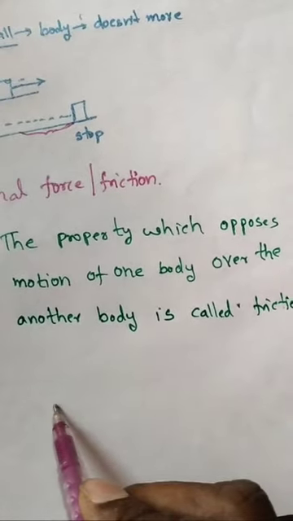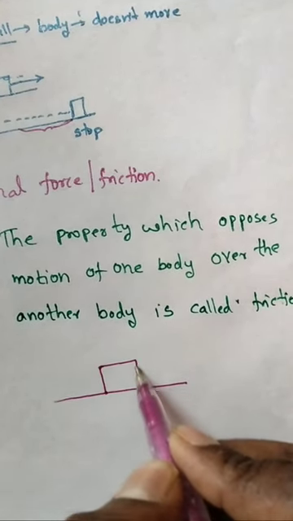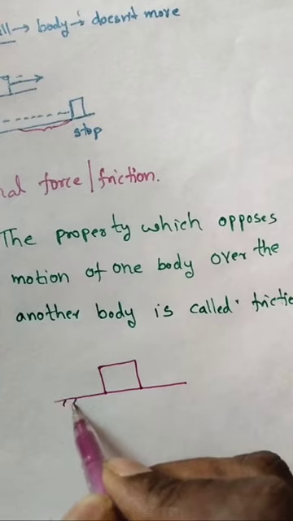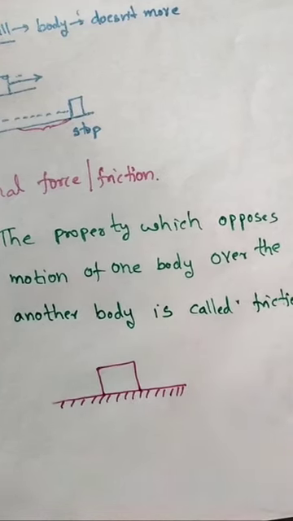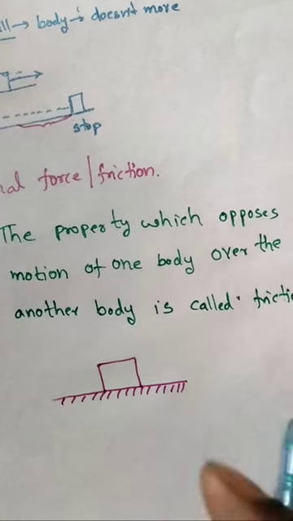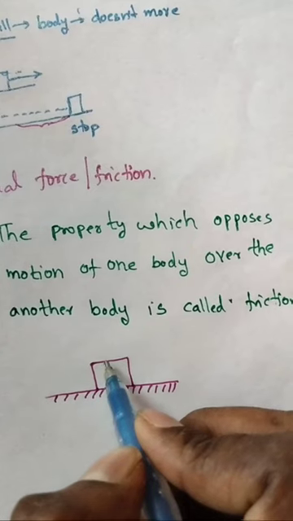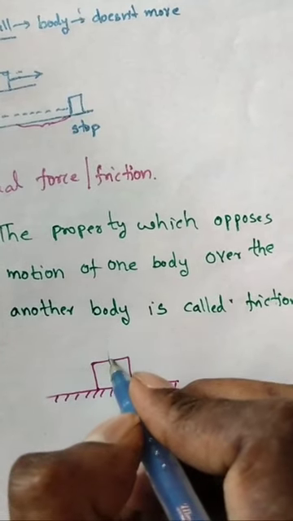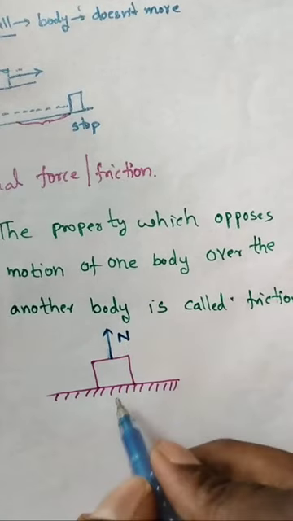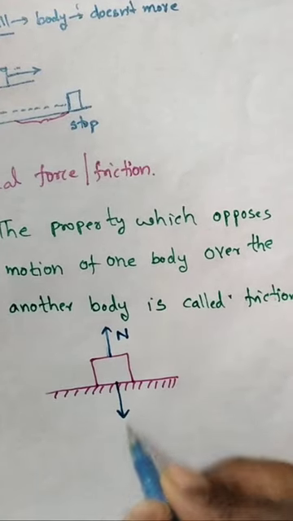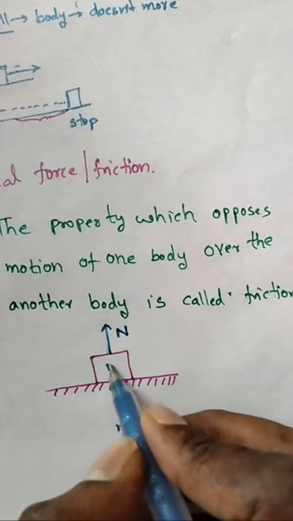This is one horizontal surface, and here one object is there, in contact with the surface. In this object there are two forces acting. The upward force is called the normal force, capital N, and another force is the downward force, mg, where m is the mass of the object.